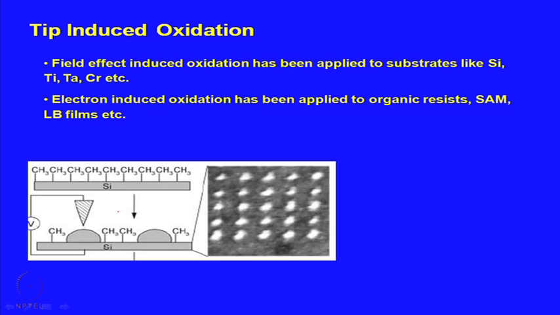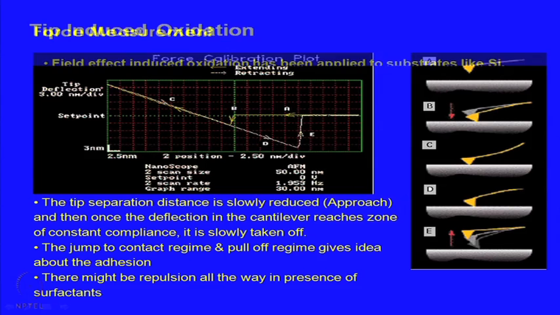You just go to the appropriate location on the surface and then turn on the bias. Depending on the material and the reactants available, you can have localized oxidation when you turn on the bias. At other locations, if you do not turn on the bias, there is no reaction, so you can make very nice arrays of oxides on materials like silicon, titanium, etc.